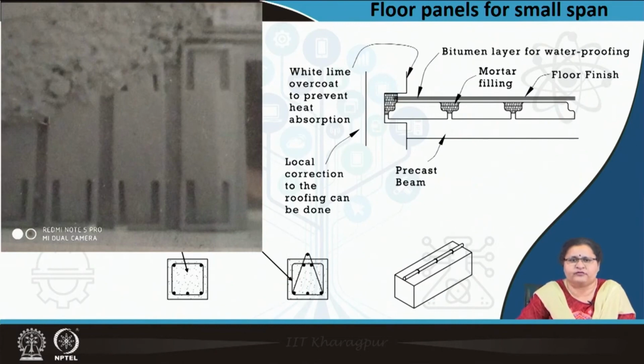In case of roof, water may enter through the narrow gaps here and there. So, a bitumen layer or an EPDM sheet particularly used for damp proofing may be inserted on the roof level. So, once that is done, the moisture entry or water entry can be controlled.